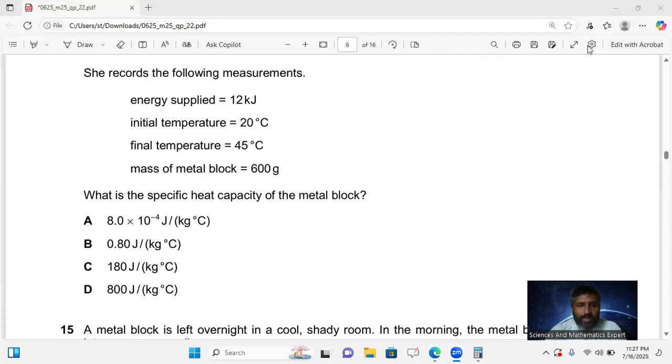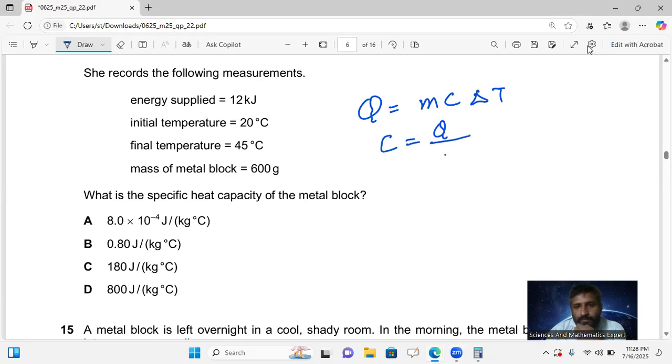So we know the formula for it: Q = mcΔT. I want to calculate the c. That is c = Q/(m ΔT). Q has its value 12,000, over m is 600 gram. It means that is 0.6 kg. And ΔT is 45 minus 20, which is 25.